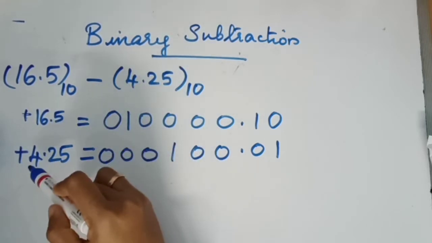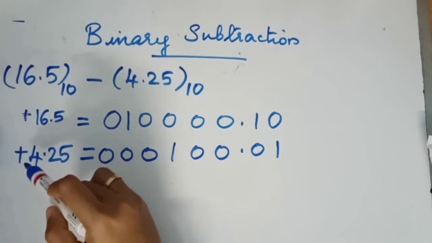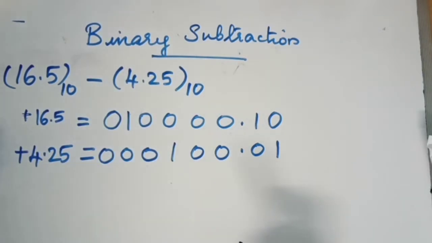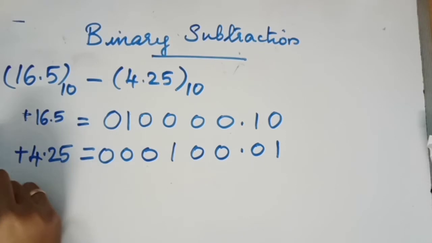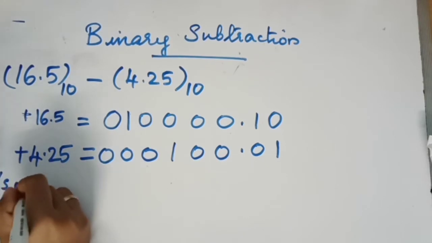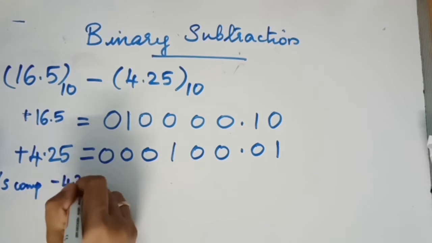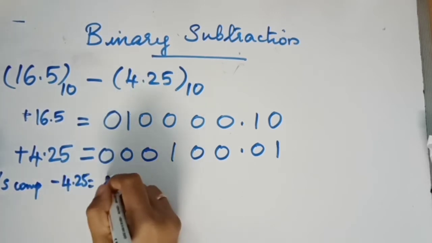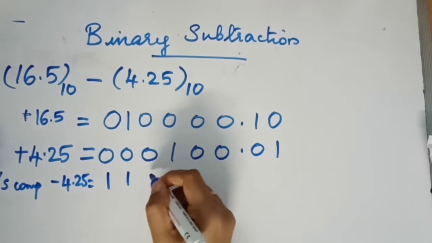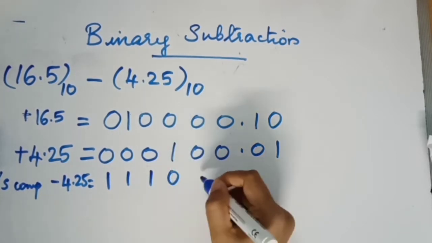For that, you first write plus 4.25 in binary, then find the 1's complement of minus 4.25, that is you complement every bit.